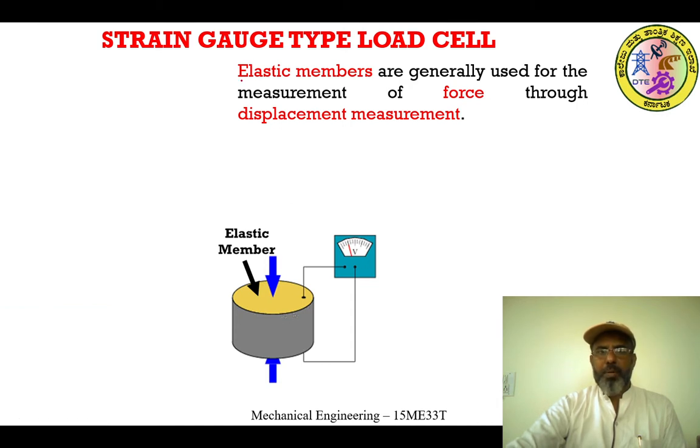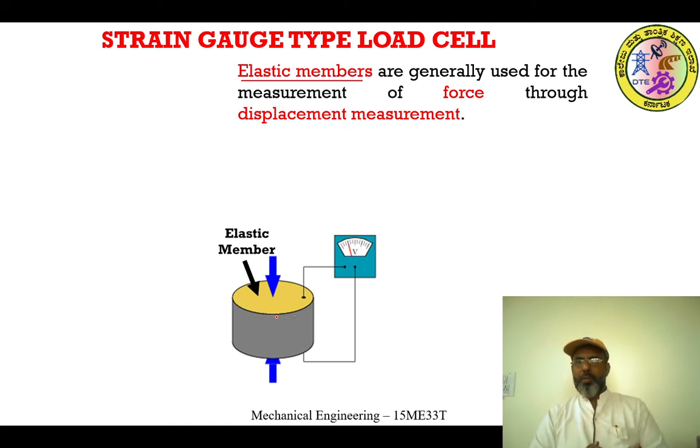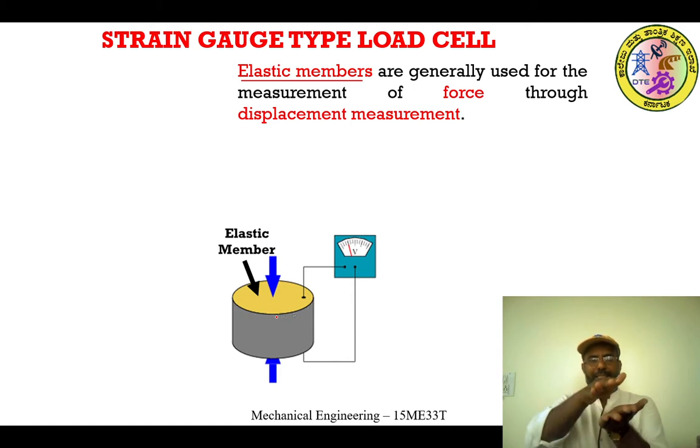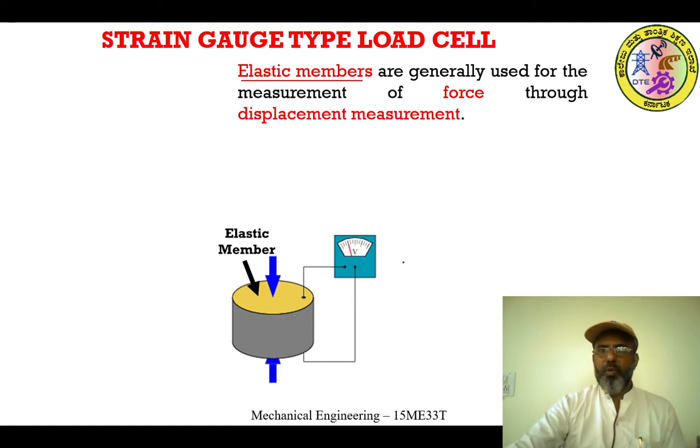Either it may be a spring balance, or it may be a proving ring, or it may be a cylindrical steel column. What happens when you are going to apply the force? They will get deformed. Therefore, these elastic members are generally employed for measurement of force through displacement measurement or deformation measurement.